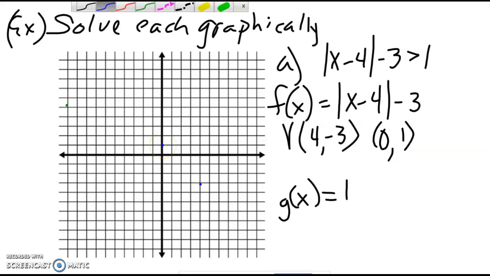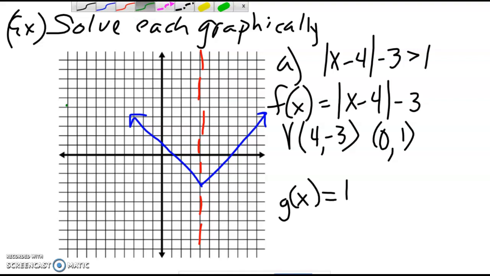And then remember, I have the dashed line that goes through my vertex, so that allows me to reflect the point 0, 1 over that. So that becomes the point 8, 1. And then I can draw the absolute value.